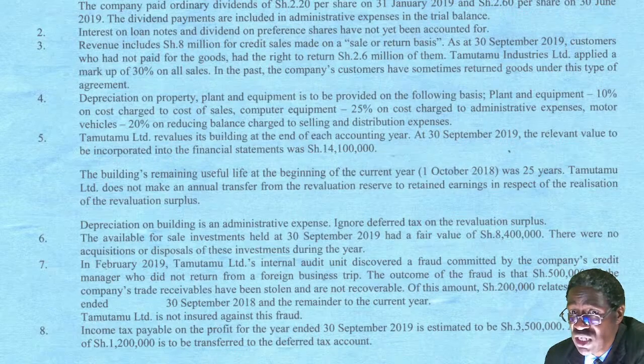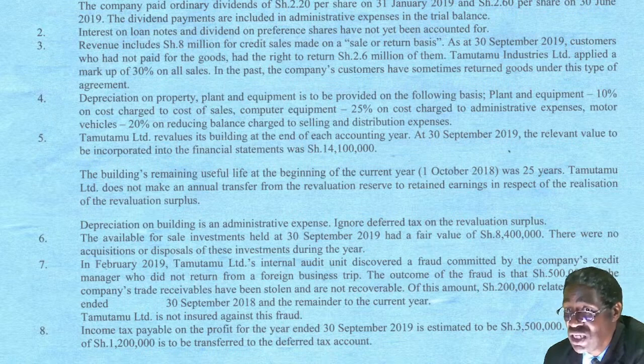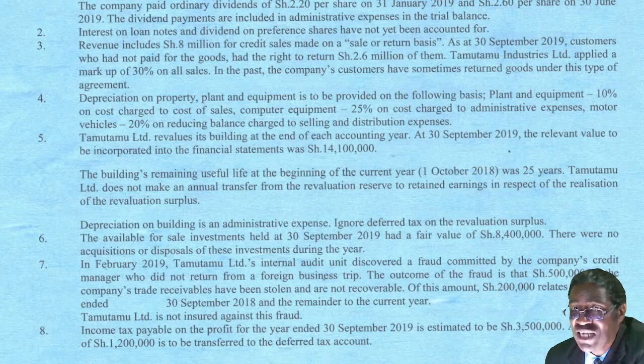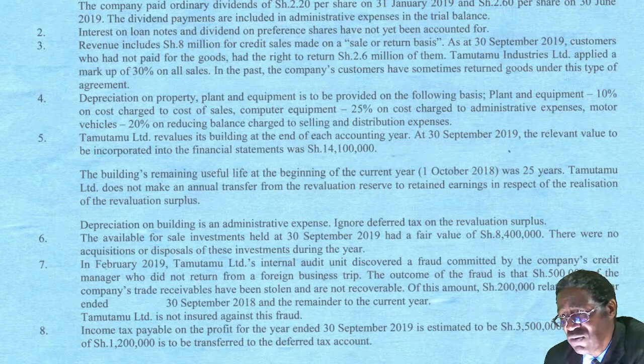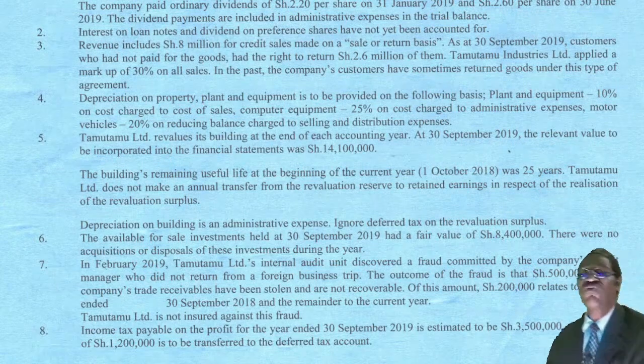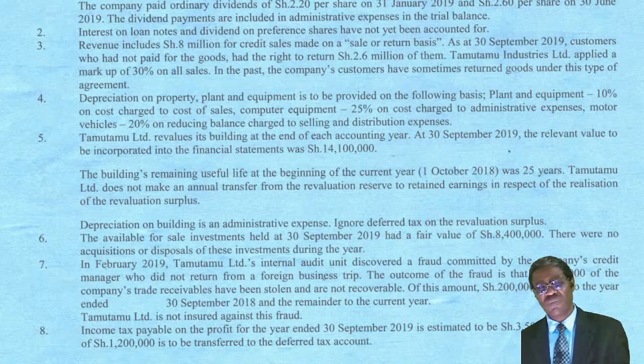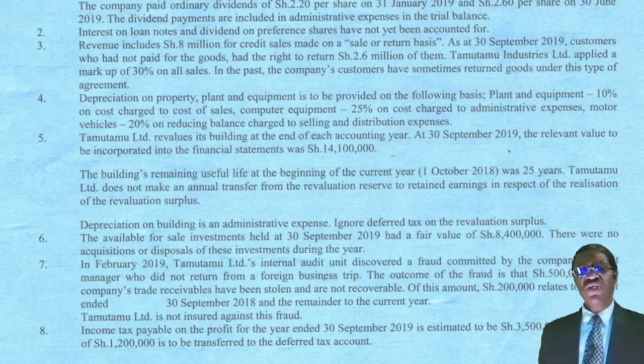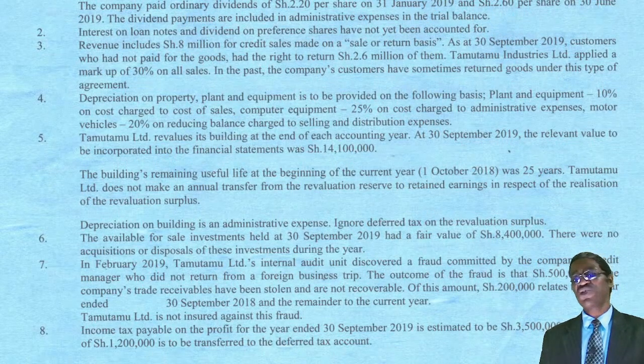Then the note goes on to say, building remaining useful life as at the beginning of the current year was 25 years. Tamtam Limited does not make an annual transfer from revaluation reserve to the retained earnings in respect of realization of the revaluation surplus. That is not a big deal. Next, depreciation on the building is an admin expense. Ignore deferred tax on revaluation.